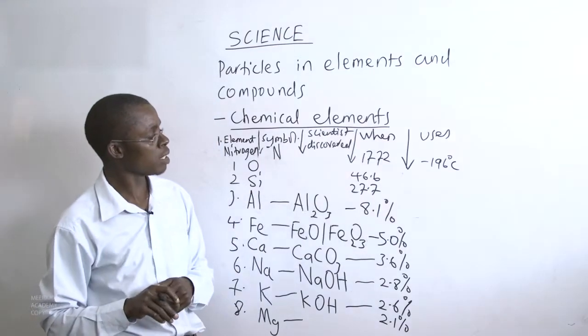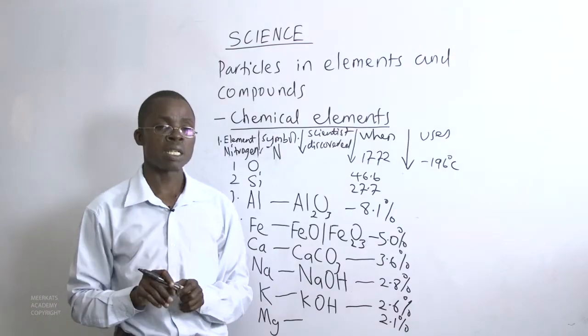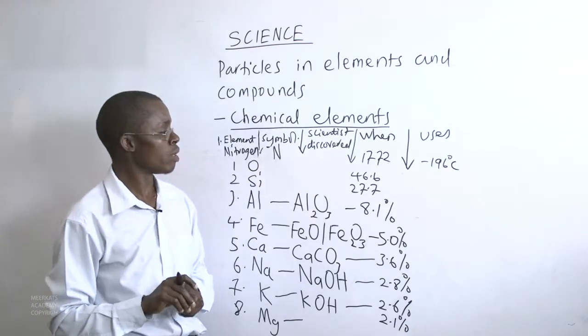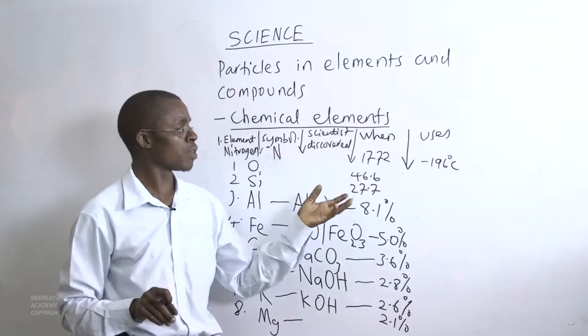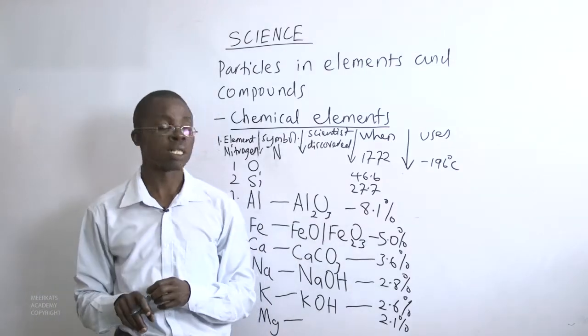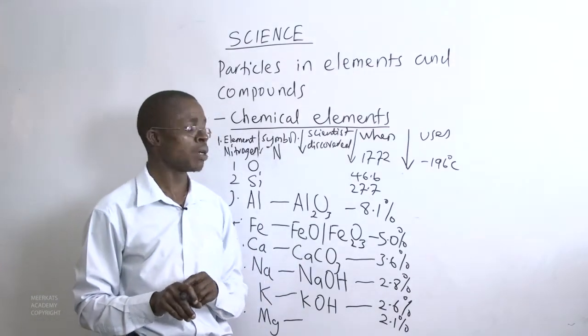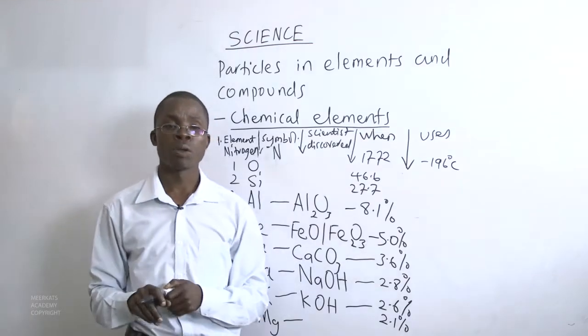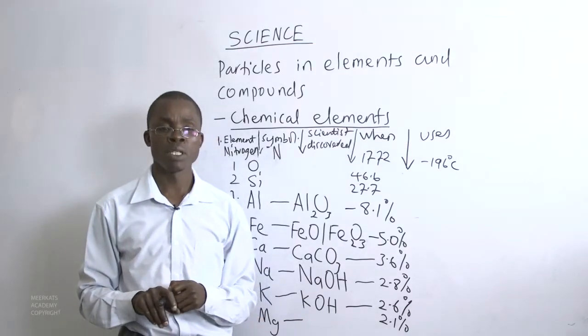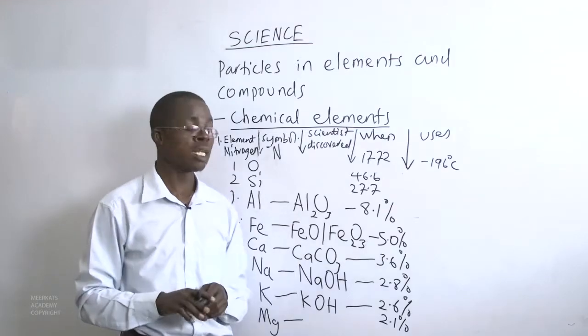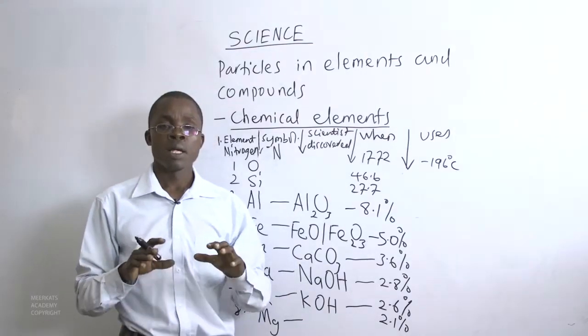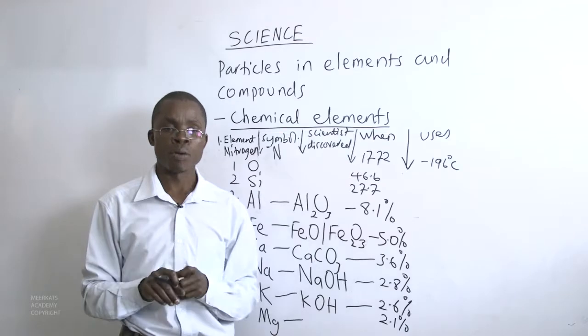So -196 degrees centigrade is a very low temperature. Some of the substances that can be kept at that temperature are semen from bulls, which is normally used in artificial insemination, which is so good in improving the flock of people.